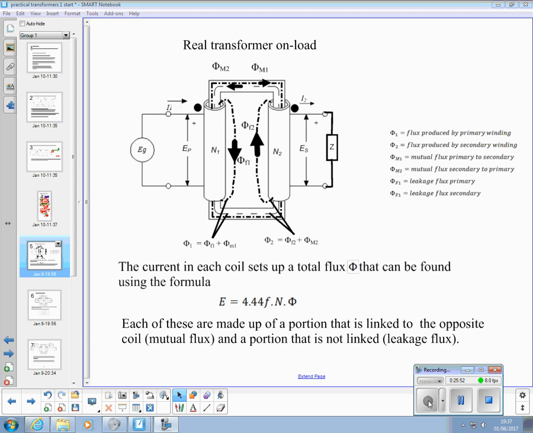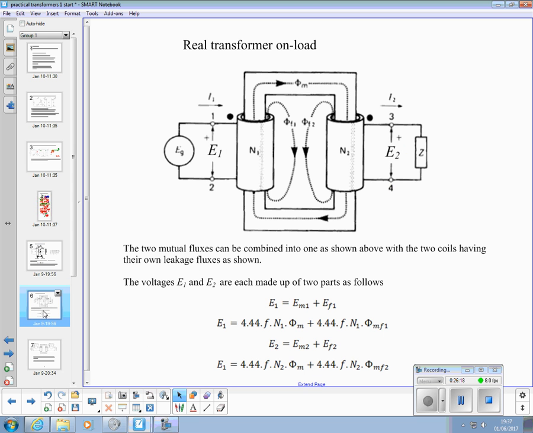I'm more interested in you understanding how to analyse that than I am in getting too hung up about that complicated diagram. So we've got a portion that's nicely linked and doing the transformer operation, but we've also got some flux that's leaking away in both the coils.